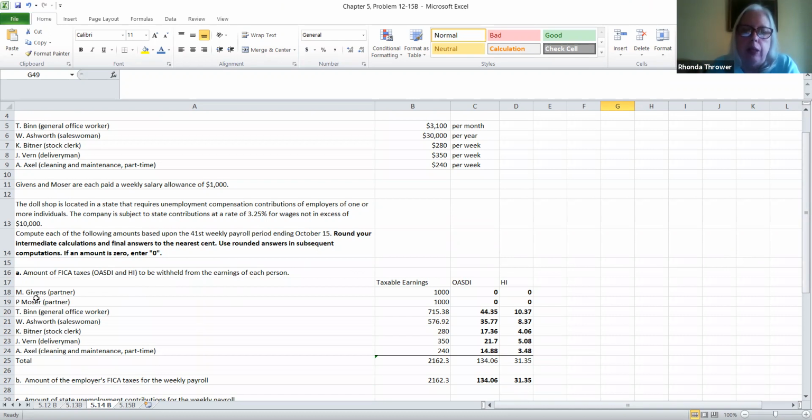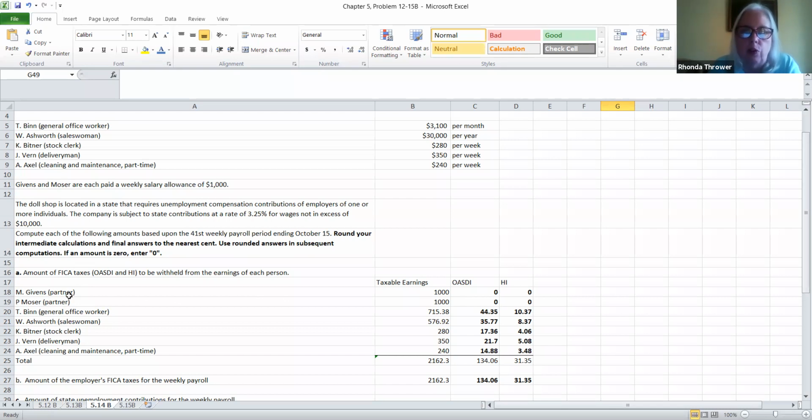What you have to remember is that Givens, whom you're paying $1,000 as a weekly salary, and Moser is also getting that $1,000. Both of these are partners. So they're not employees. Because they're not employees, we don't pay any OASDI or HI taxes on them.